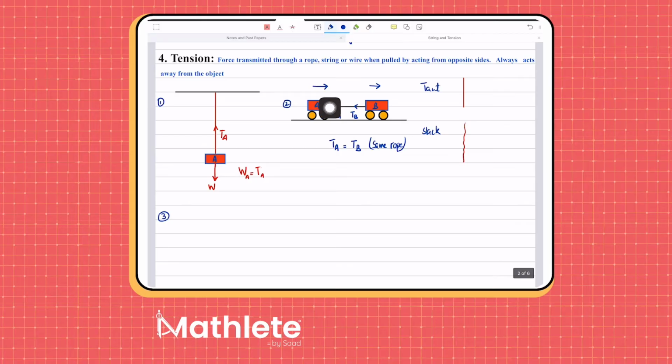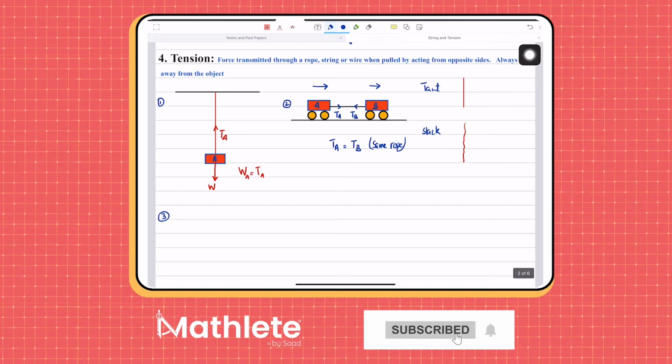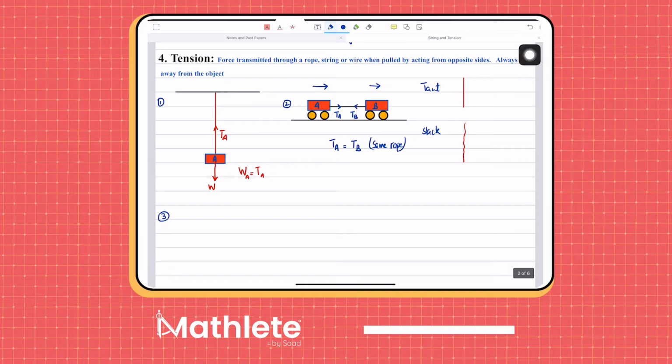When we're looking at B, we're just looking at B, so the tension acts away from B, towards the left. And when we're looking at A, we're not looking at B.